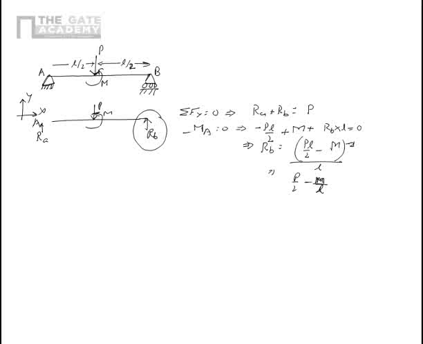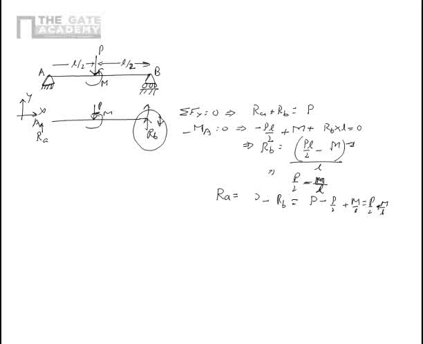Of course, the moment is trying to take the beam away up like this, while P is trying to put it down. So both of them are negating each other. But RA will be nothing but P minus RB, so that will be equal to P minus P by 2 plus M by L. So that is equal to P by 2 plus M by L.